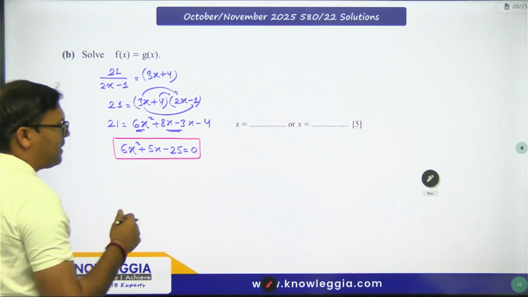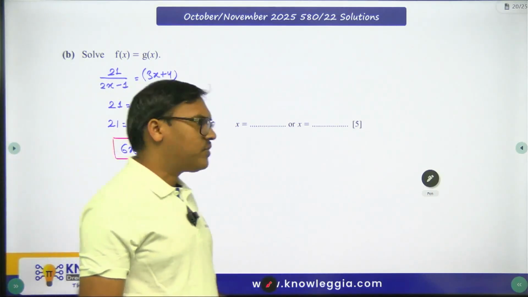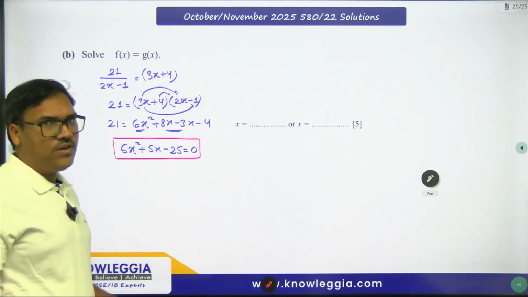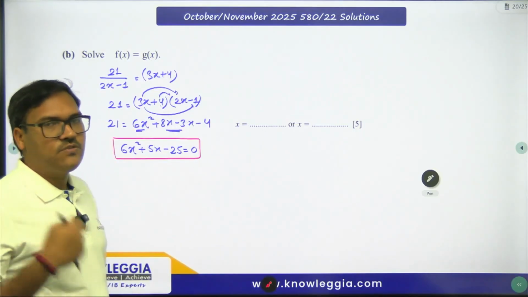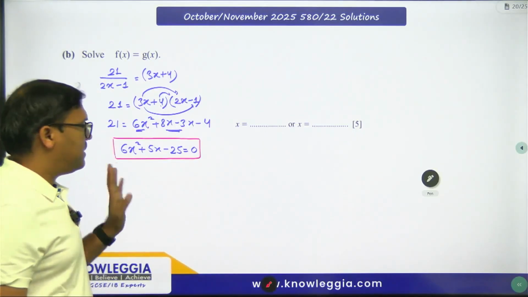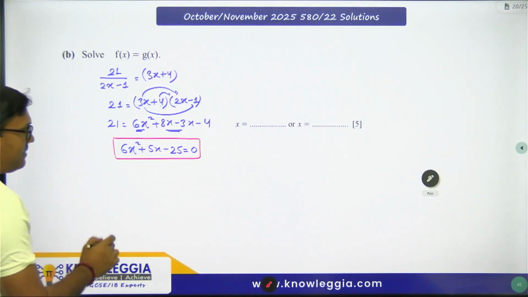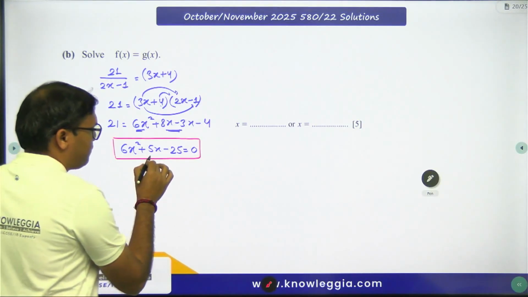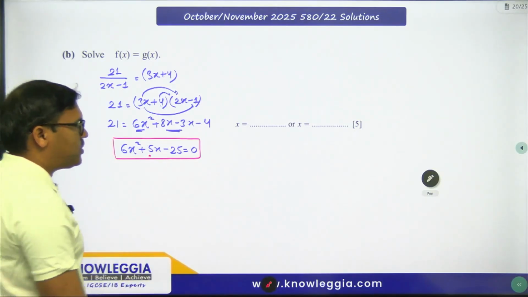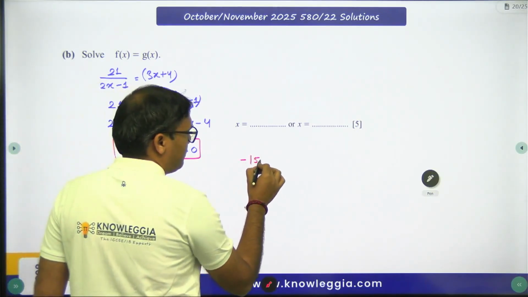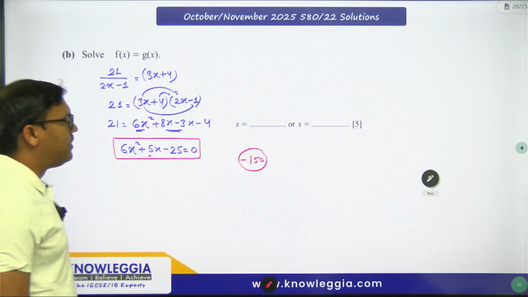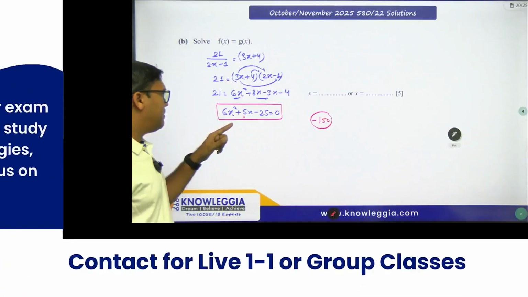Now we have to factorize and solve this equation. Or otherwise, you can use the quadratic formula also, minus b plus minus the square root of b squared minus 4ac upon 2a. Anything is okay. So if you have to factorize this, we want to split this 5, and the product should be equal to minus 150.